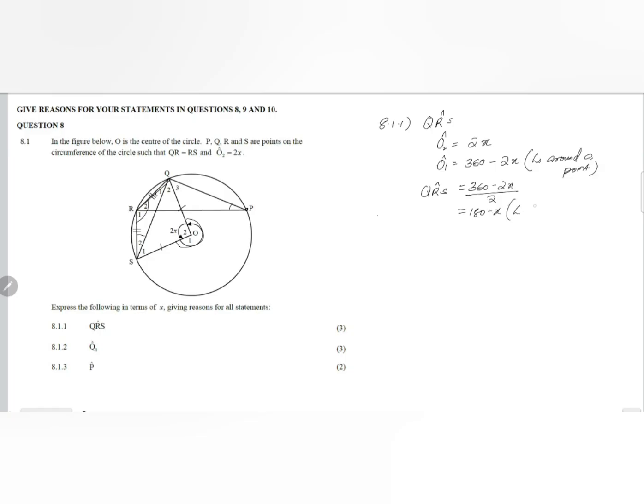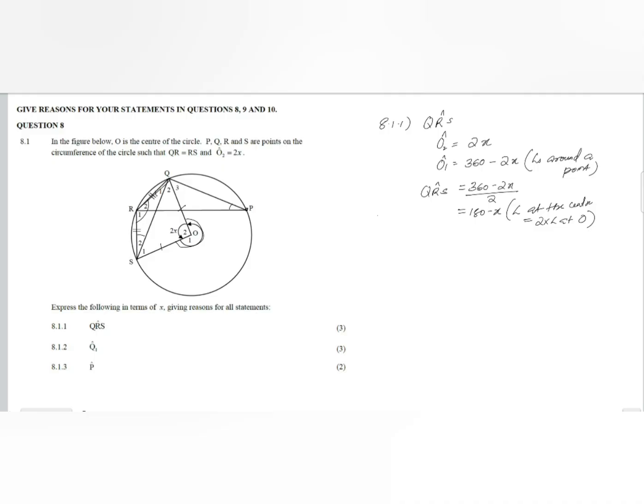Angle at the center is equal to 2 times angle at the circle. So this is how we do it. You need to see that theorem there. So when an angle is there at the center, always think about that theorem. That is O1 and O2.